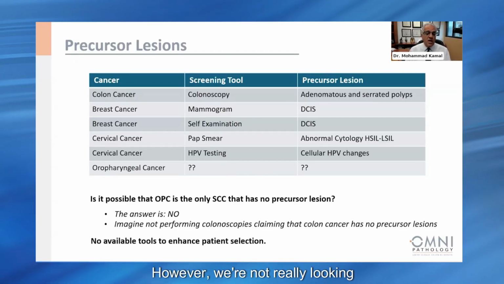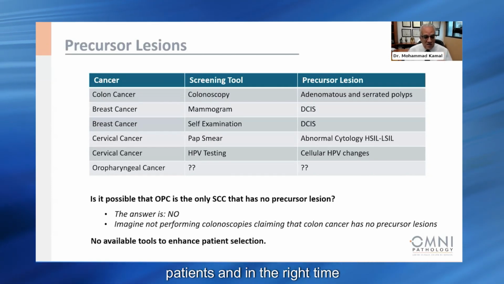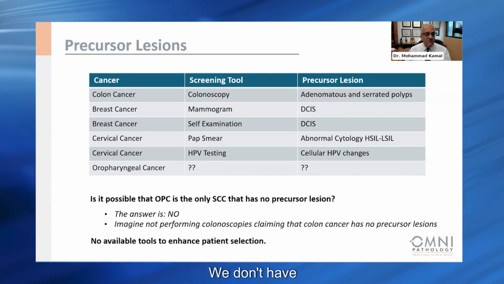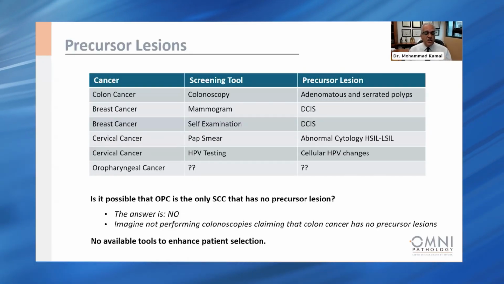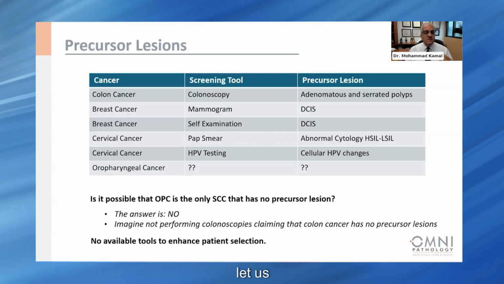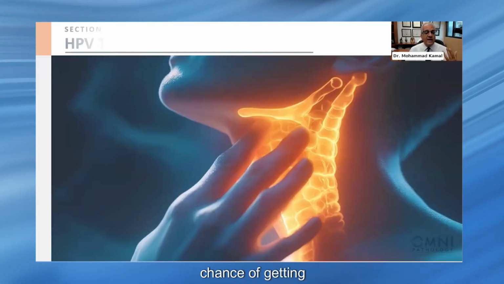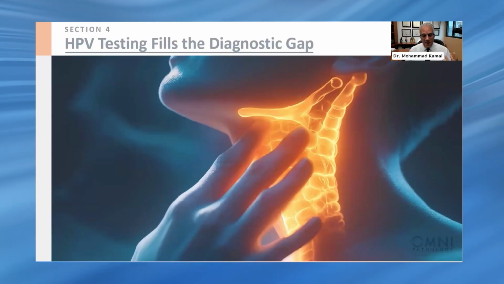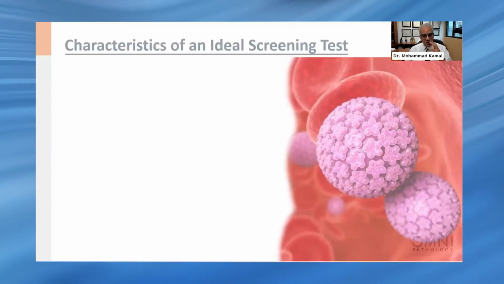However, we're not really looking at the right patients or looking at the patients in the right time. We don't have tools that would allow us to enhance the patient selection that would let us get in at the time where we have a better chance of getting this precursor lesion.